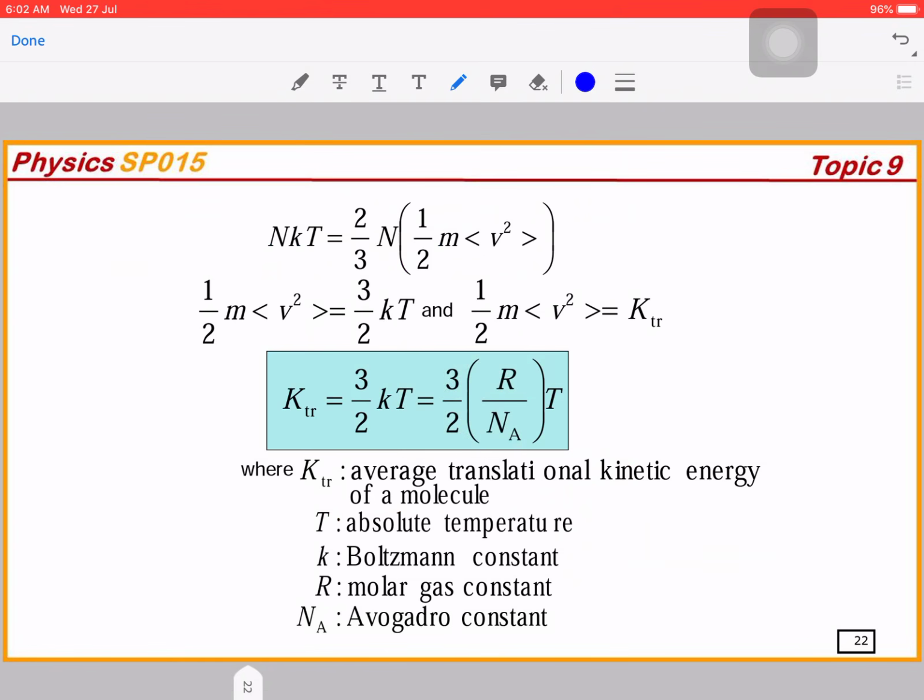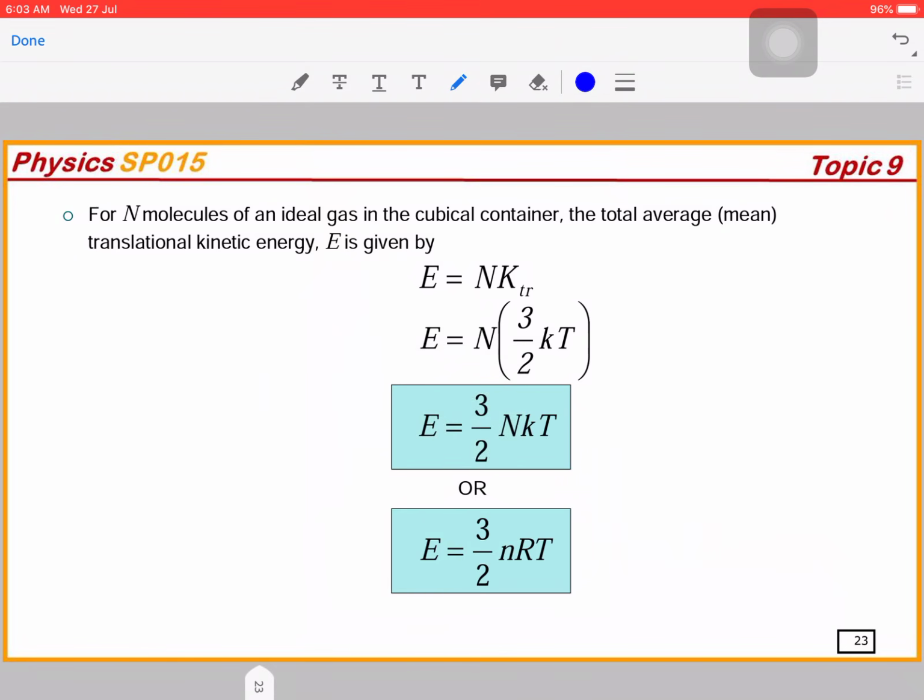T is absolute temperature, k is the Boltzmann constant, R is the molar gas constant, and NA is the Avogadro constant. So for N molecules of an ideal gas in a cubical container, the average translational kinetic energy E is given by E equals 3 over 2 NkT, or E equals 3 over 2 nRT, depending on the information given in your question. You can choose either NkT or nRT.